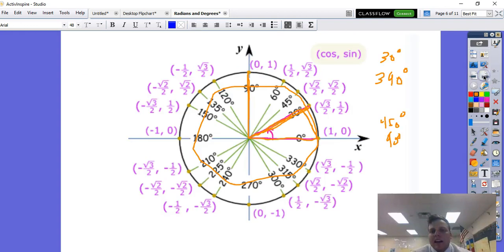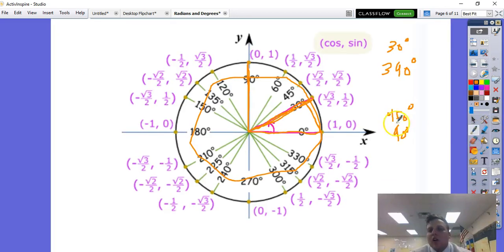Let's say I wanted to find another coterminal angle to 450 degrees. I know that 90 is coterminal, but I could also add another 360 degrees to 450, which would be 810. So I could say that 810 is coterminal because I just added 360 degrees to 450.